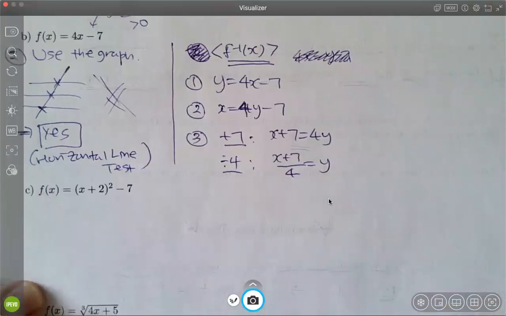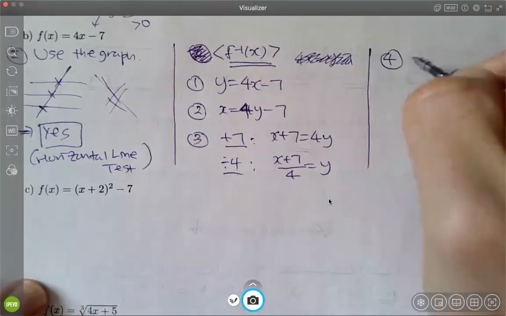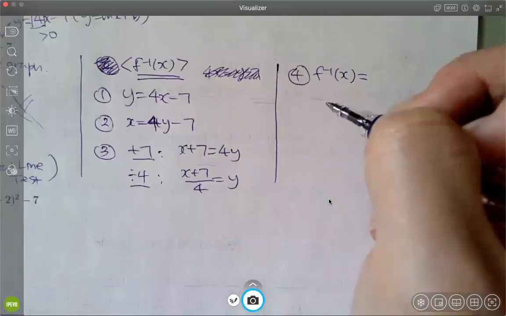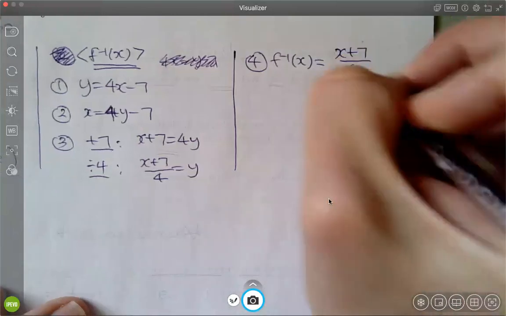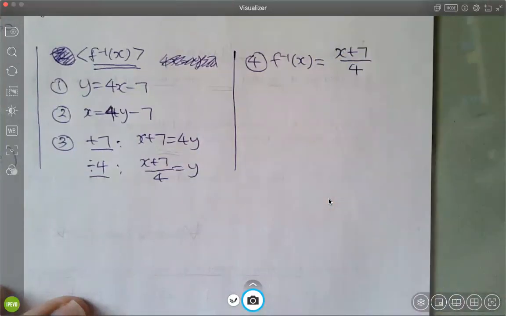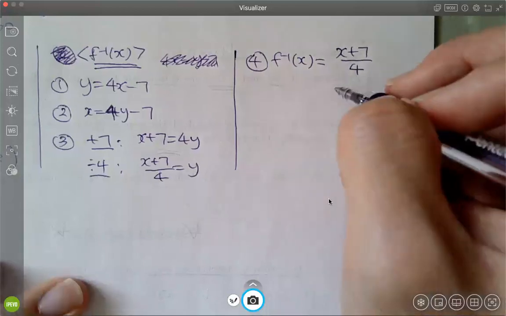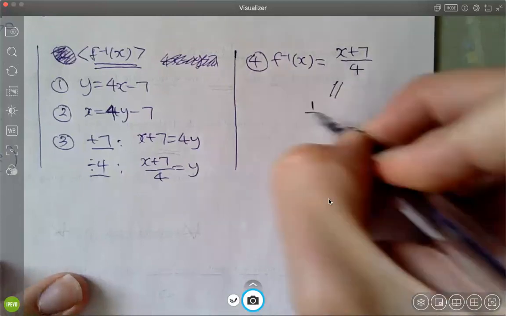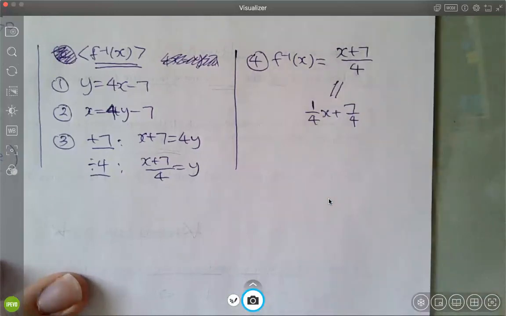Okay, so we have isolated y, and then the last step, replace y by its inverse notation. So f inverse of x is equal to x plus 7 all over 4. Now this is fine, but we can also rewrite this into 1 over 4 x plus 7 over 4, in terms of mx plus b notation.